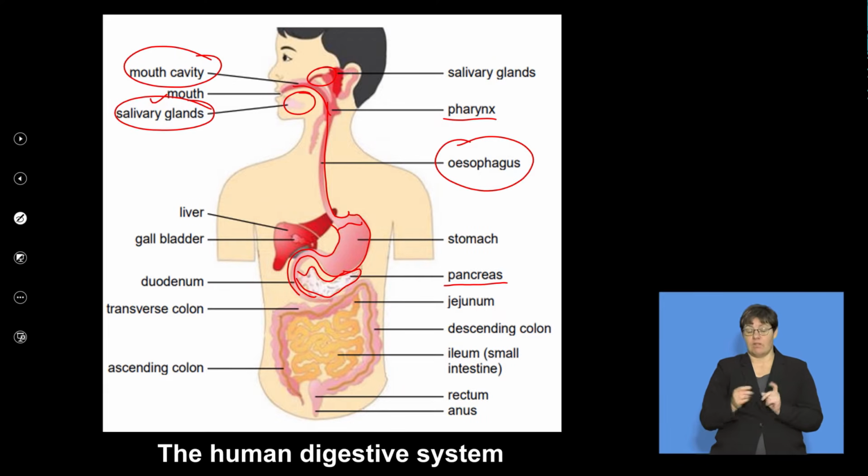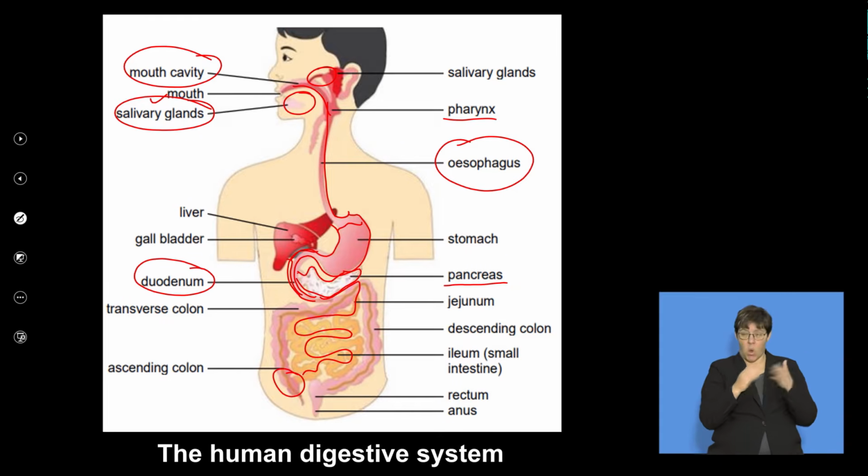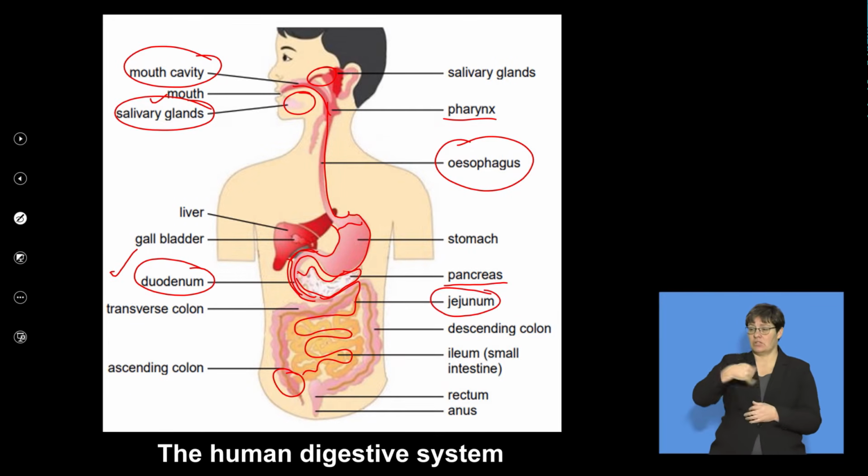We then move from the pancreas and the small part of the small intestine, which is called the duodenum. So we start off with the small intestine that moves through and opens up into the large intestine. The small intestine consists of three parts: the duodenum, the middle jejunum, and the last part that connects to the large intestine, called the ileum.